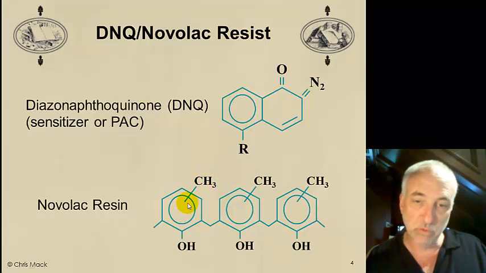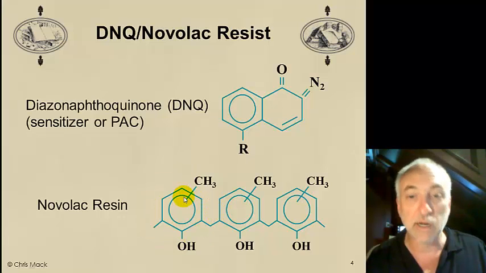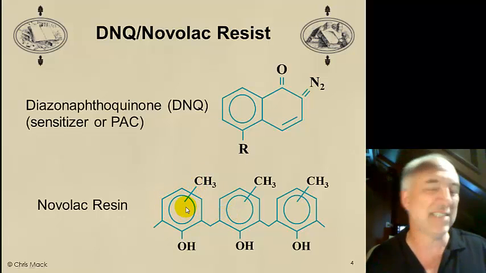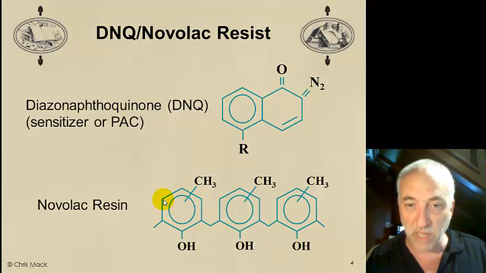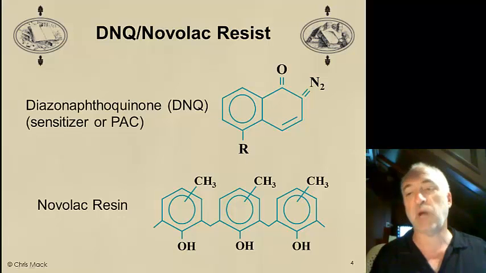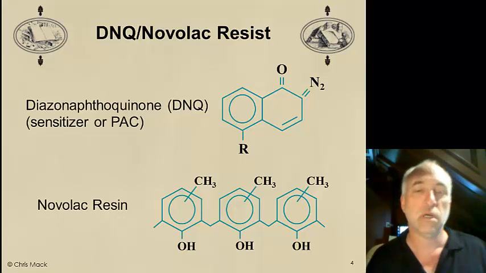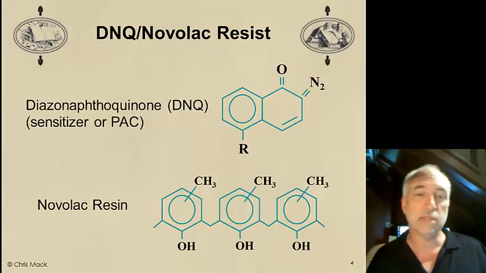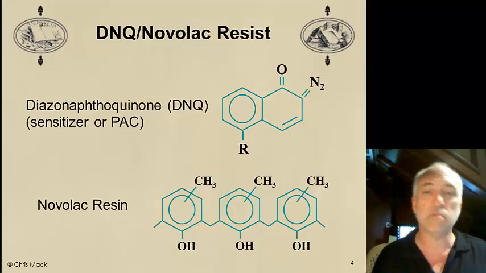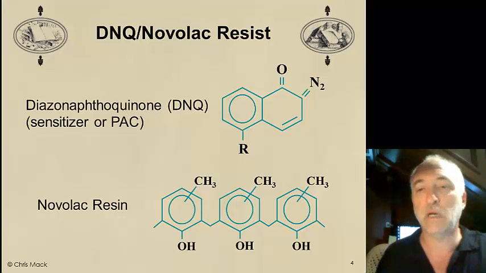This methyl group is attached somewhere on this ring, and because its position can vary, I just generically show it as being attached in the middle of the ring. It's not really attached to the middle. It might be attached to this spot, might be attached to this spot, or this spot. These different spots are named ortho, para, meta positions, and different Novolak resins will have different positions for these methyl groups.